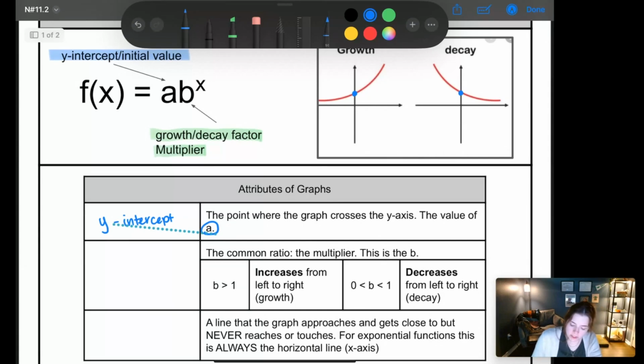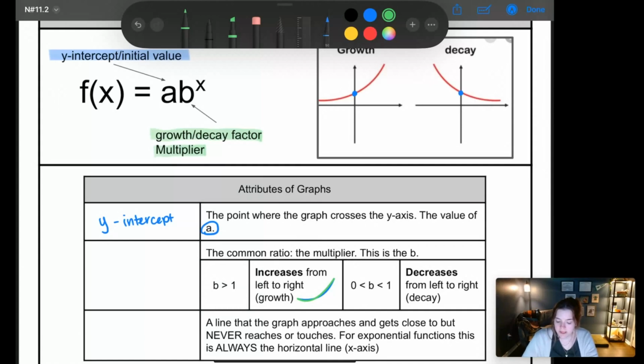The common ratio, the multiplier, this is b. If b is greater than 1, it increases from left to right. It shows growth, right? Just like that one, it increases. It goes like this. And I need to use a different color, actually. Sorry. B is green, my bad. Okay.